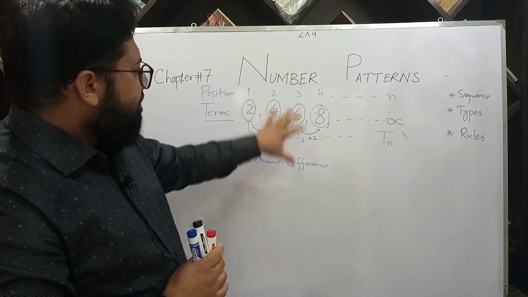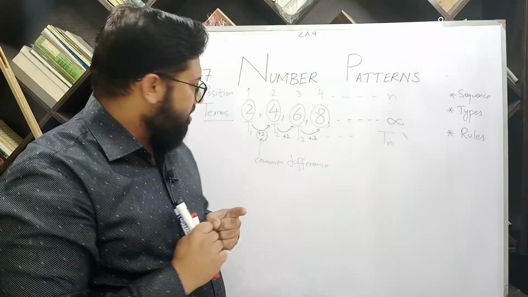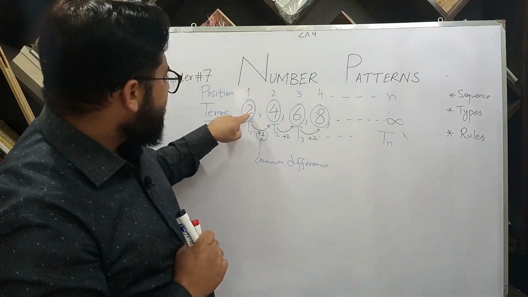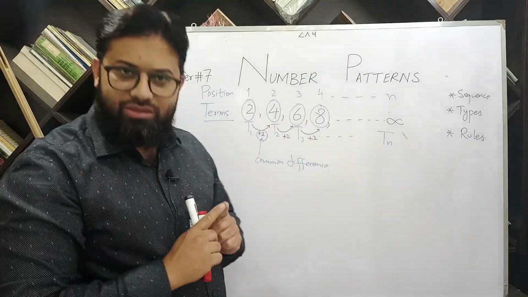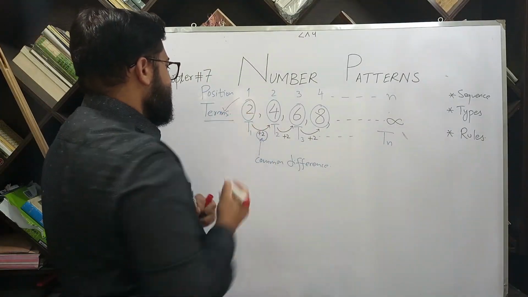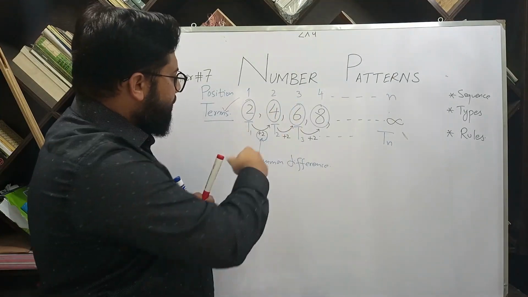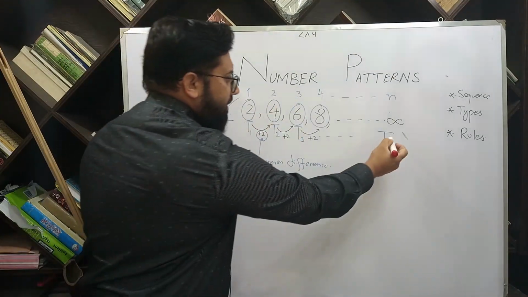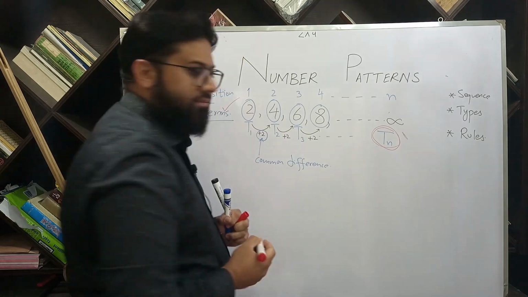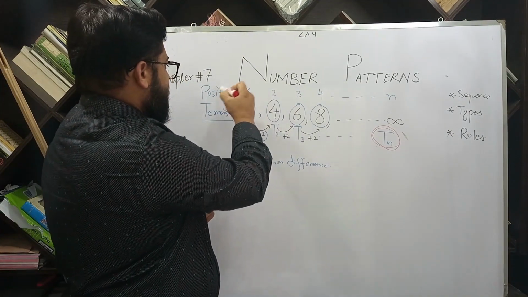From this discussion till now, we have learned 3 points. Point number 1, these numbers are called terms. So the first important point is terms. These are called T1, T2, T3 up to the last term which is called Tn. Clear? Point number 2, these are the positions.